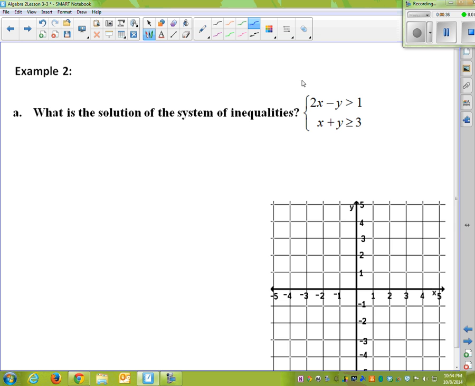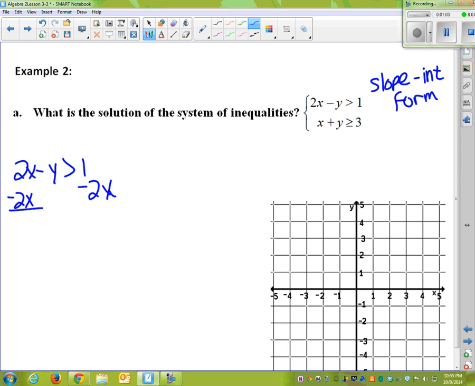In order to graph these, the first thing I want to do is put them in slope-intercept form. And the reason I want to do that is so that I can find the y-intercept and then the slope so that I can graph. So here with my first equation, I'm going to subtract the 2x to the other side, which gives me negative y greater than negative 2x plus 1, divide by negative 1.